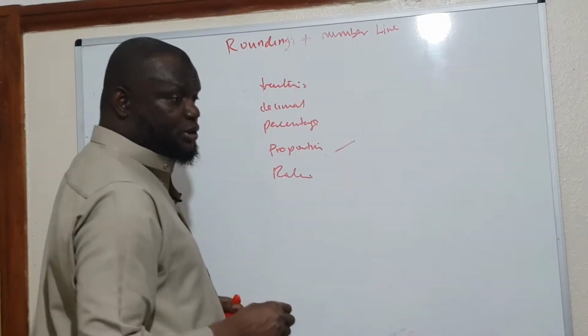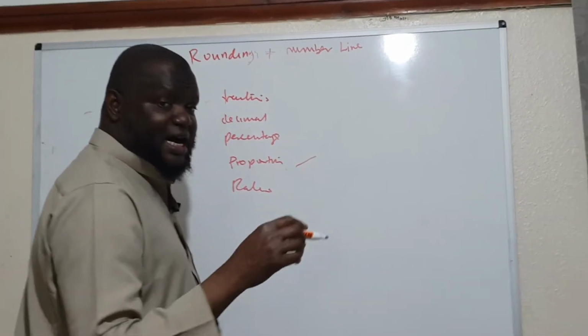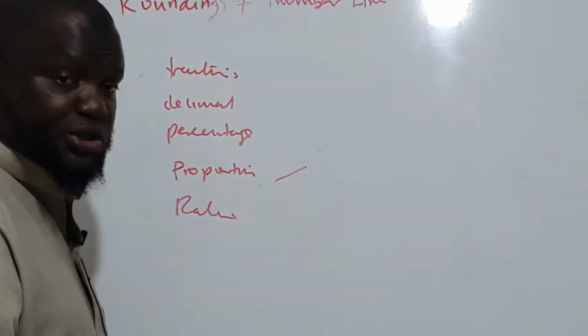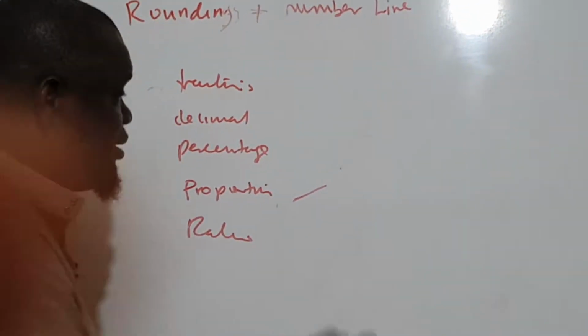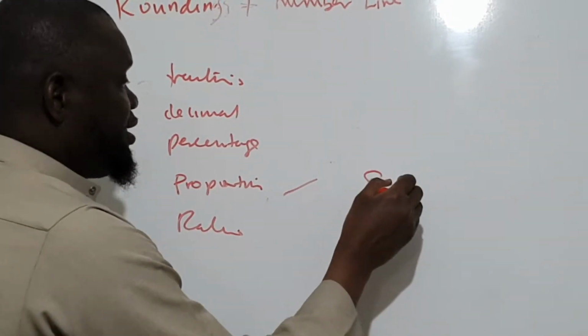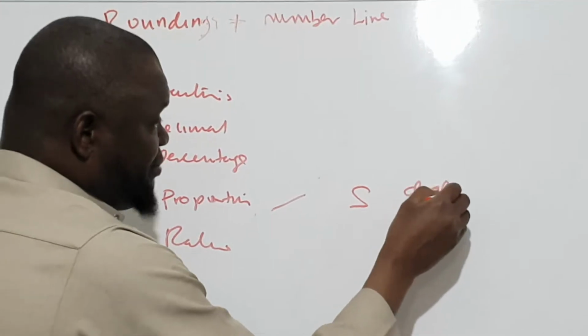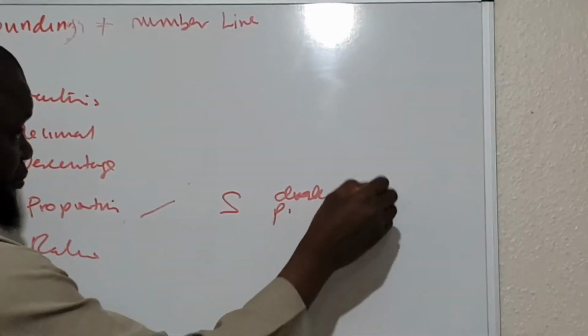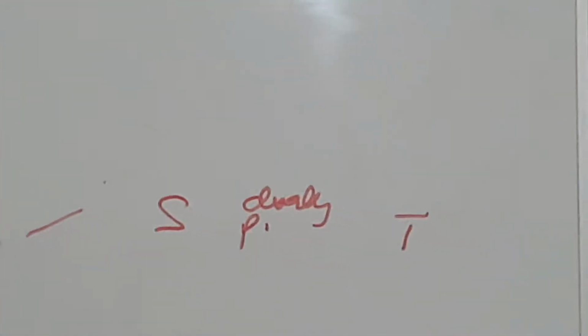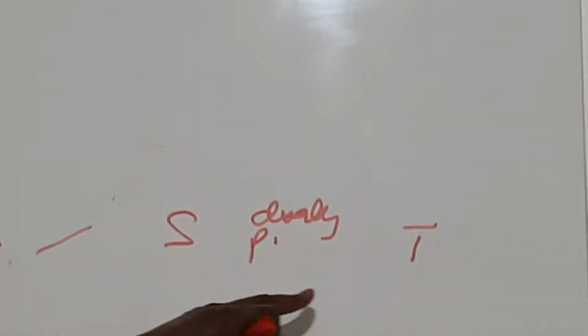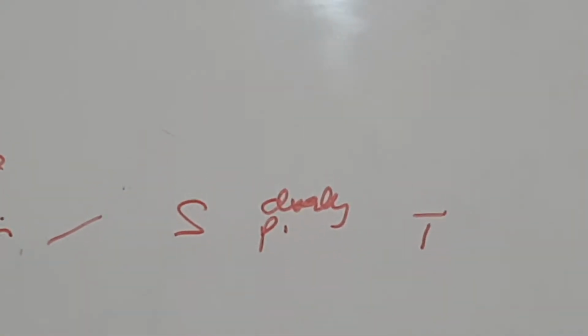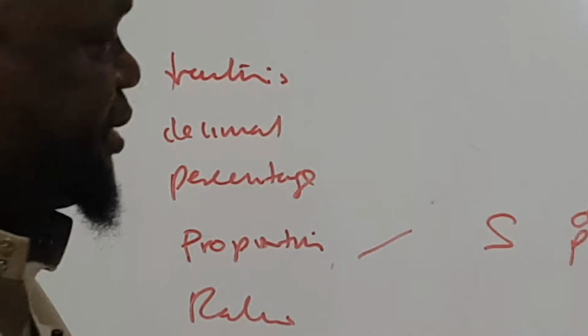If I tell you the speed of a car is directly proportional to the time, yes? In mathematics, you have to represent that in mathematical terms. Gentlemen, look at here properly, please.